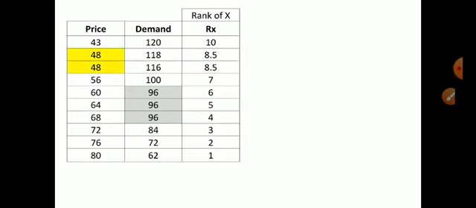Similarly, we have to take the ranks for y. In y, the highest is 120, so we assign the first rank, 118 the second rank, 116 third, and fourth. And see here, the 5th, 6th and 7th ranks are being repeated.